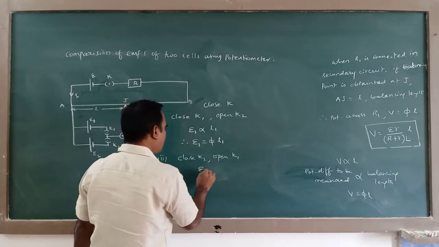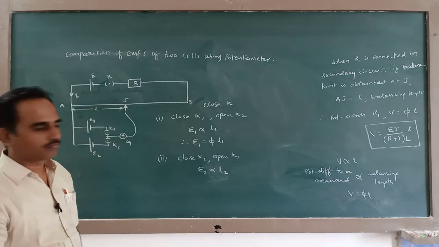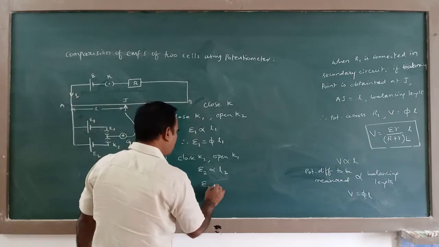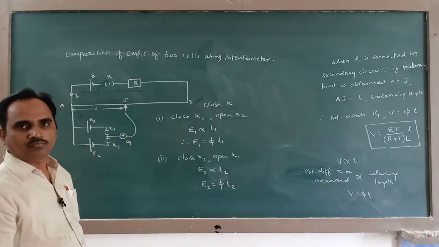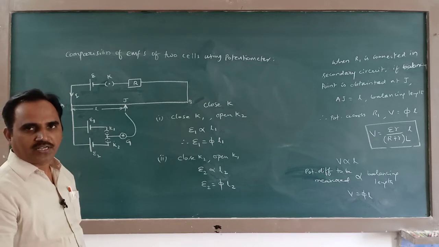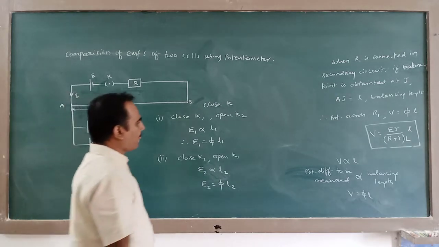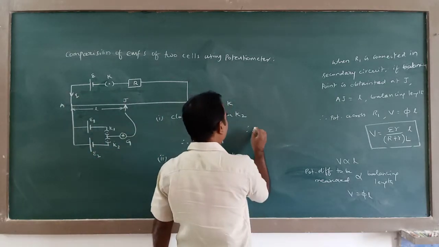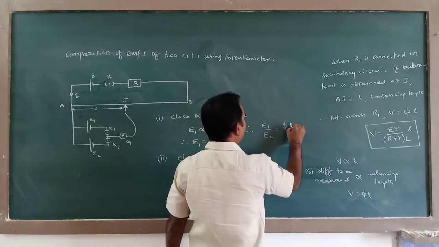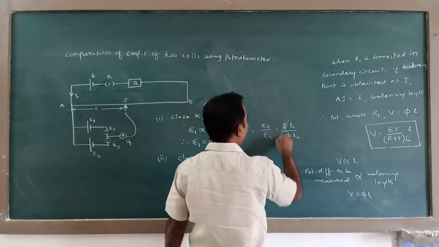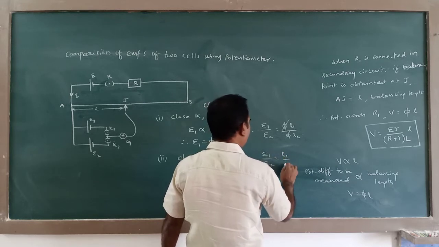Therefore E2 is proportional to L2. So E2 is equal to phi into L2. Phi is the potential gradient, which is constant for a given potentiometer setup. So E1 by E2 is equal to phi L1 by phi L2. This term can be cancelled out. So E1 by E2 is equal to L1 by L2.